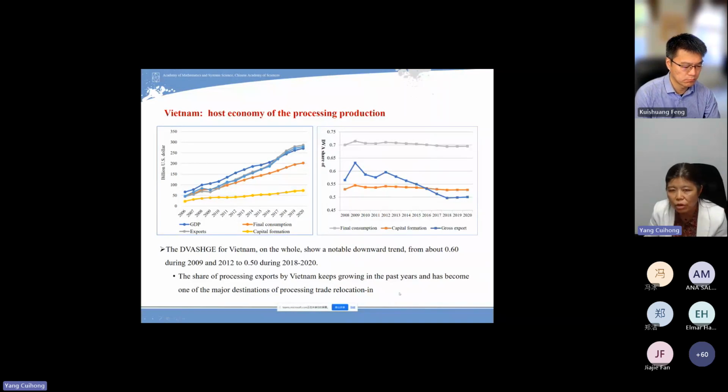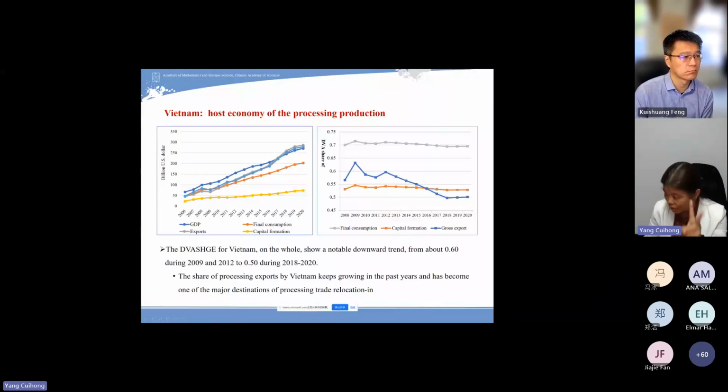It's the estimated results. The dark blue line is the domestic value-added share of gross exports. We could see 2 points: the domestic value-added share of gross exports decreases gradually, and the gross exports increase rapidly.